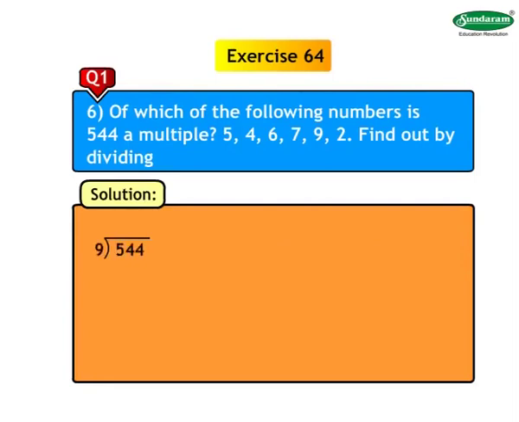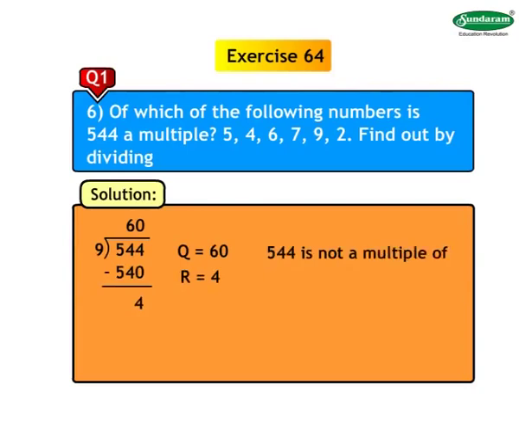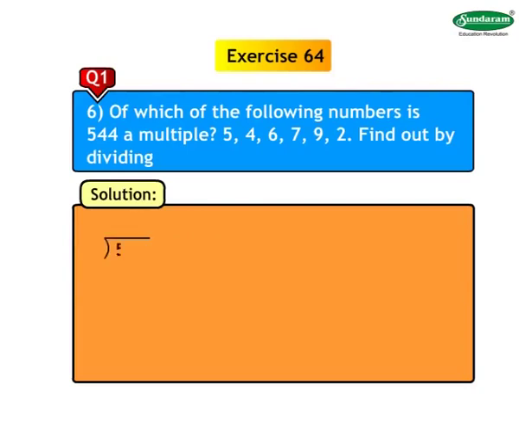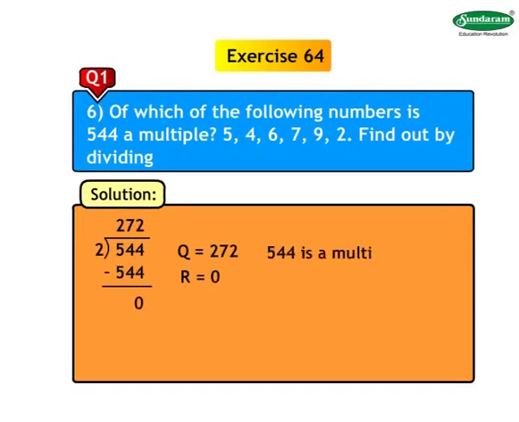Quotient is equal to 60. Remainder is equal to 4. 544 is not a multiple of 9. 544 divided by 2, quotient is equal to 272. Remainder is equal to 0. 544 is a multiple of 2.